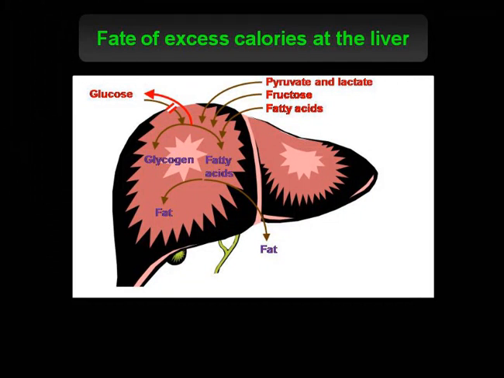So here are the excess calories arriving at the liver, coming in through glucose, fructose, fatty acids, and from muscle. And it can, of course, be converted to fatty acids and exported to fat. And some people will do that, with fat then being laid down peripherally as peripheral fat.